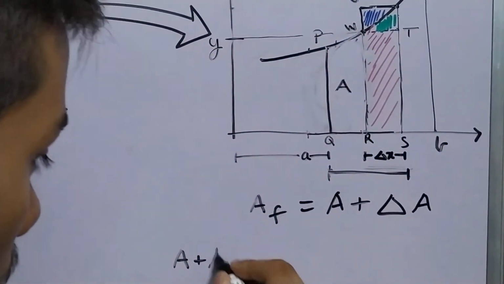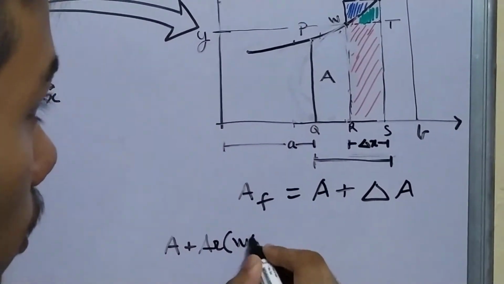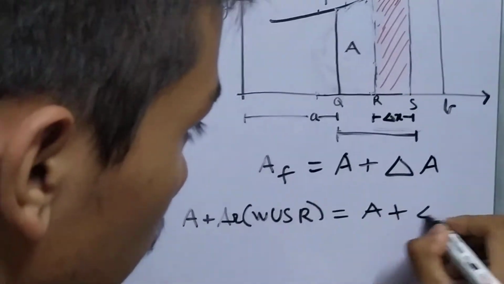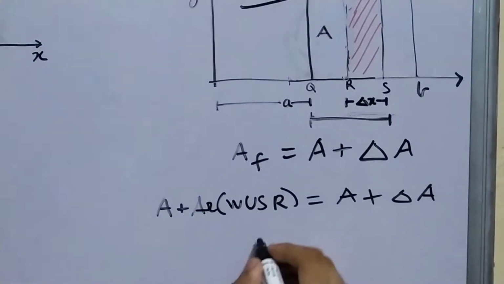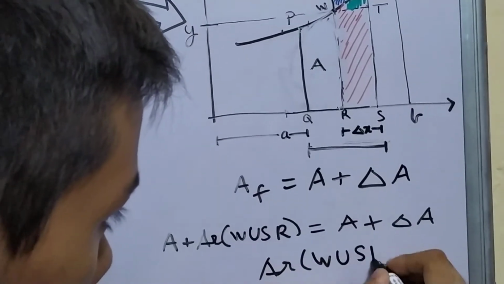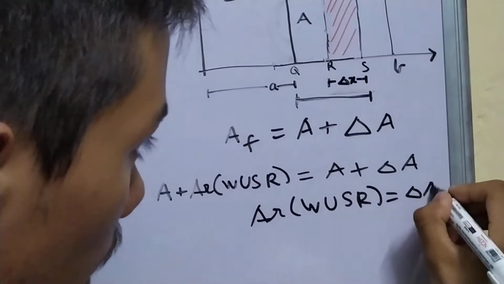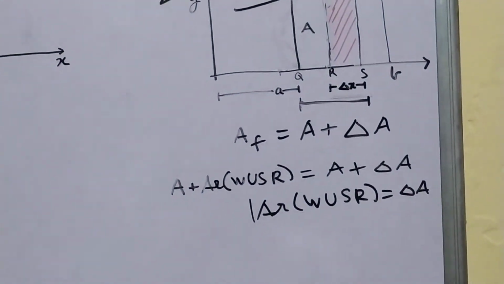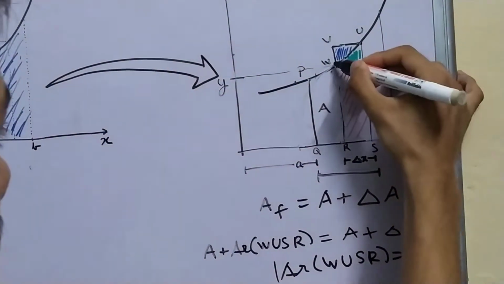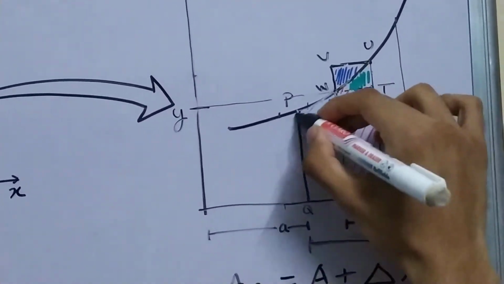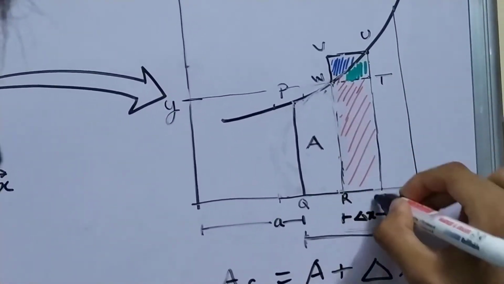This is the area of WUSR, which is A plus delta A, which means the area of WUSR is delta A. So area increases, and this is how much your area increased. This was your final area, this was your initial area, this was how much it increased.